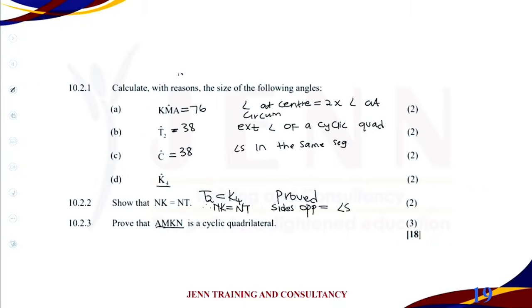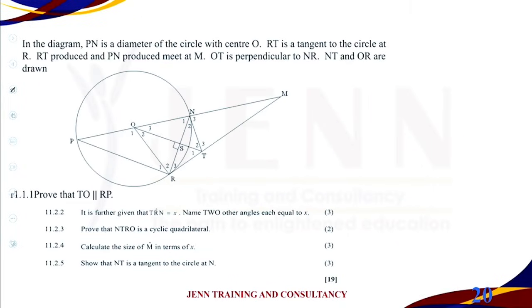This is how you are supposed to answer this question. Now let us move on to our next question. Whenever you answer Euclidean geometry, circle geometry, please ensure that you understand your toolbox and how to apply it. So now, reading on to my statement. In the diagram you are given, you read the statement.